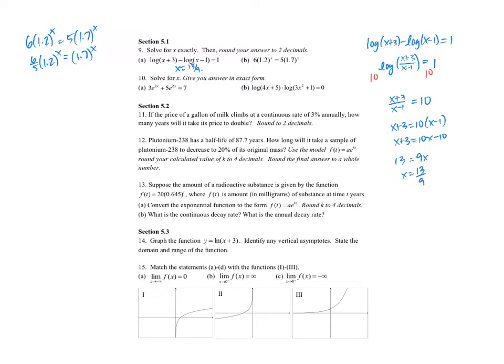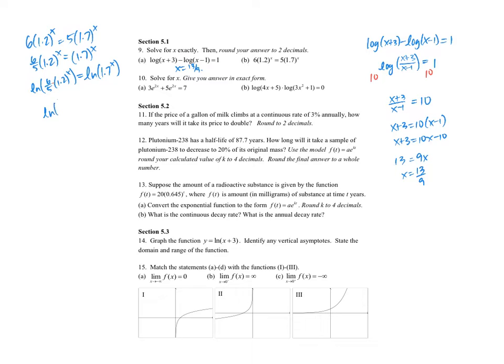And now I'm just going to take the natural log of both sides. You could use a log base 10 if you want, but I'm just going to use a natural log. So I get natural log of 6/5 times 1.2 to the x equals natural log of 1.7 to the x. What I can see here is I have a product inside of this natural log, so I can break it up.